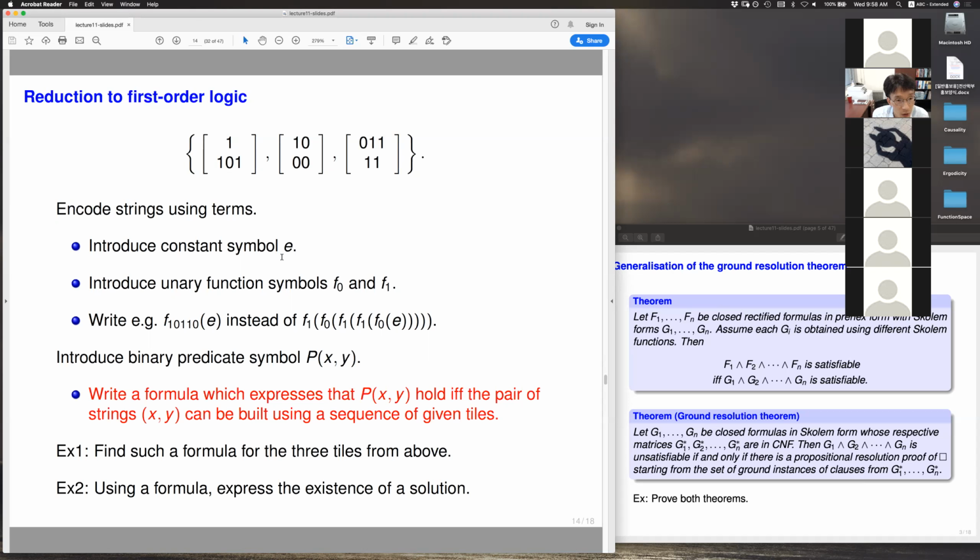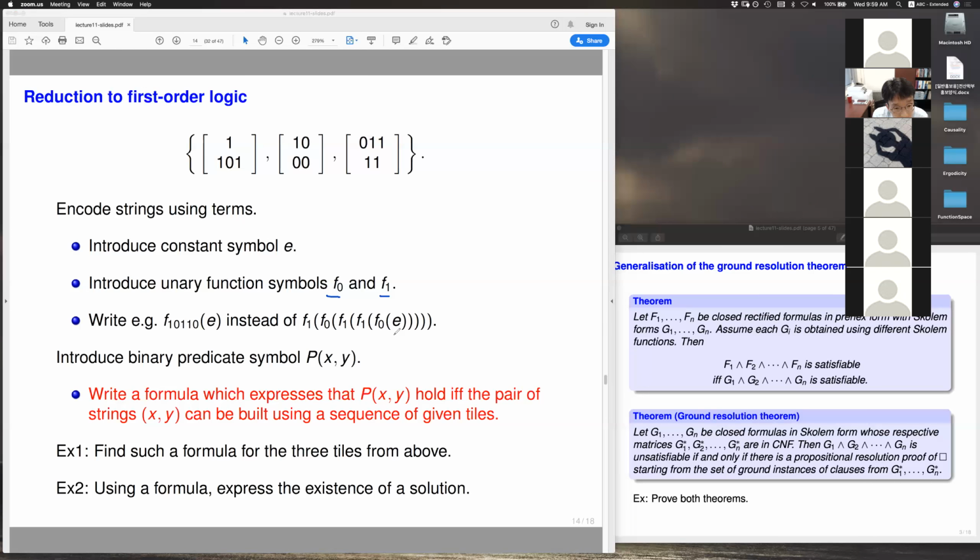To do this encoding, we're gonna use one constant symbol called E, and two function symbols called F0 and F1. Essentially, the ground term in this setting will encode a sequence of 0 and 1. So this is one ground term obtained by applying F0 to E first, F1 to the outcome, F1 again, F0, and then F1.